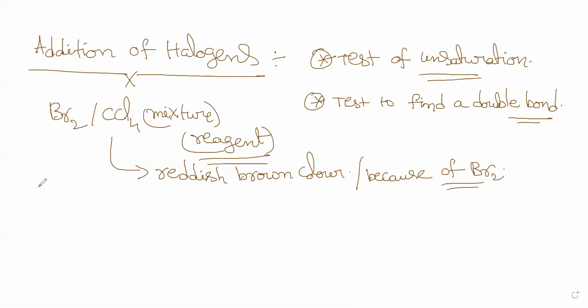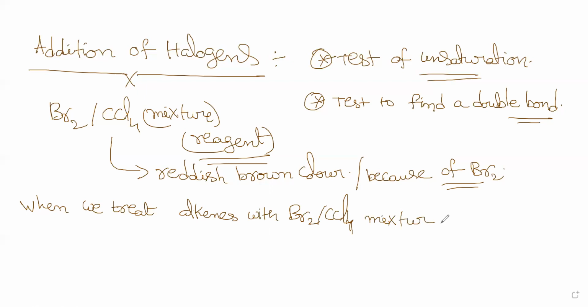Now the color will be discharged when we treat alkenes with this Br2/CCl4 mixture. When we treat alkenes with the Br2/CCl4 mixture, the reddish brown color is discharged.